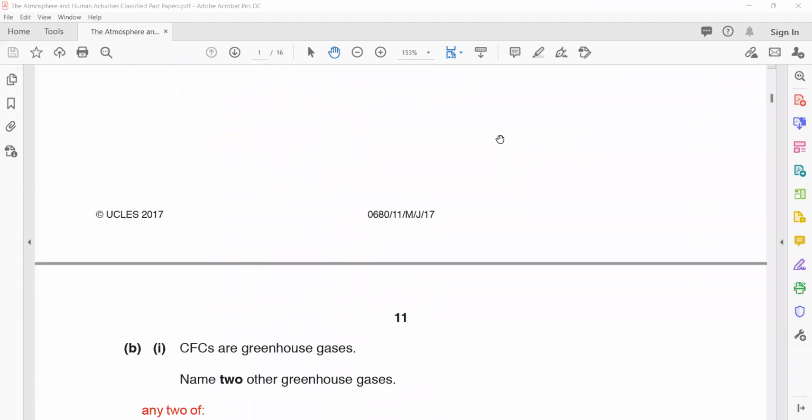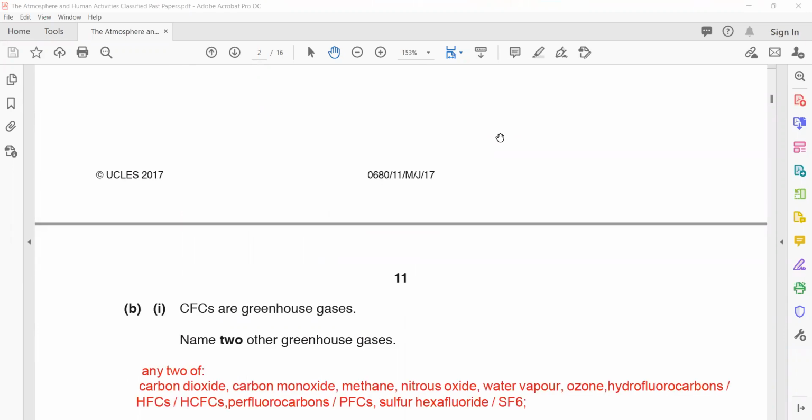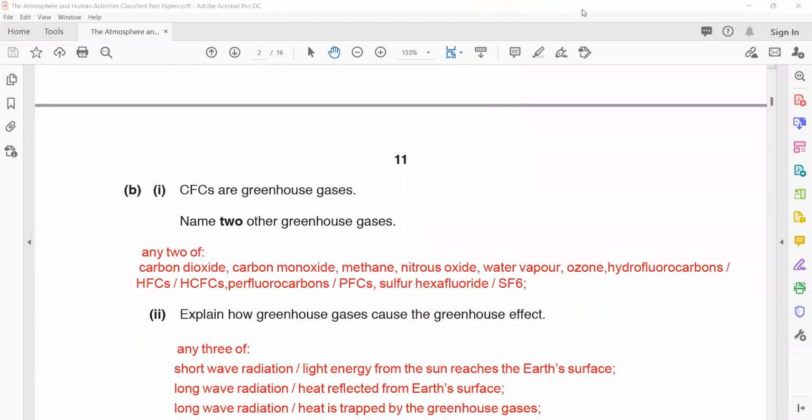Yes. Okay. After that, CFCs are greenhouse gases. Name two other greenhouse gases. So you know chlorofluorocarbons are greenhouse gases, but name two others. There are a lot. Please keep in mind, in the exam, if the question comes, you can write any one of them, or two of them, depending.